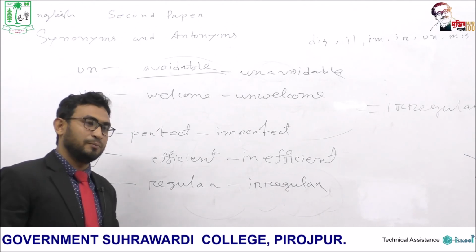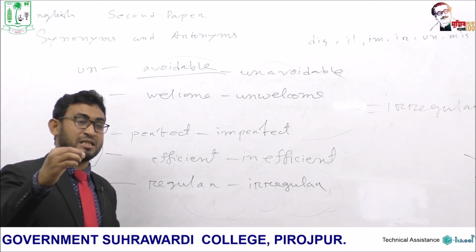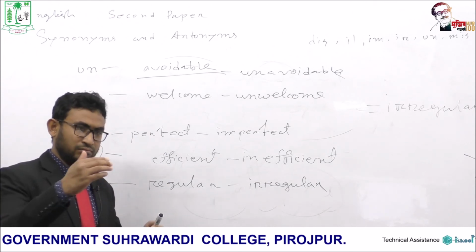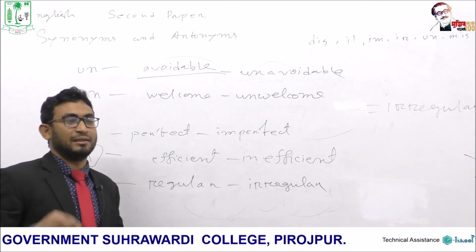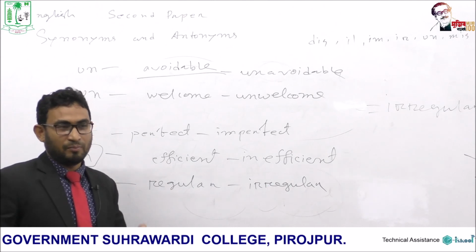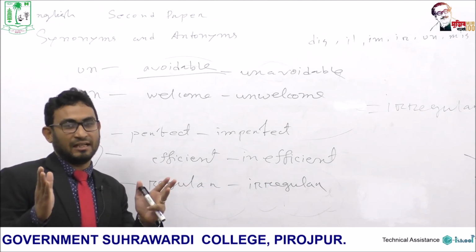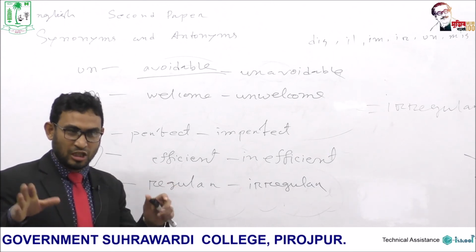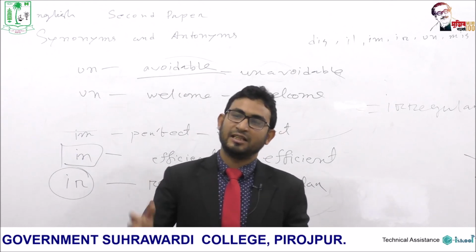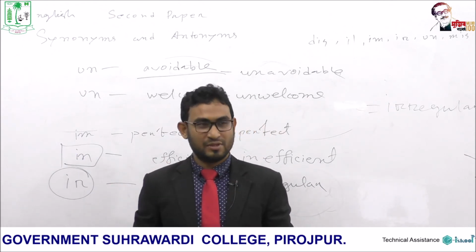And also, we have to be careful in maintaining spelling correctness, because when we add prefixes, sometimes it seems that we should change the spelling. No, the prefix and main word should be kept intact. There will be no change in spelling. All these rules and regulations I'll talk about next day, and also I'll talk about how suffixes create antonyms next day.